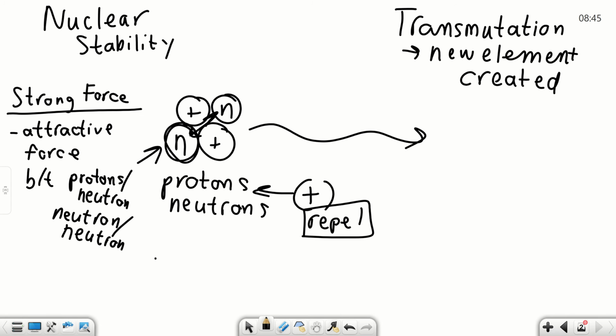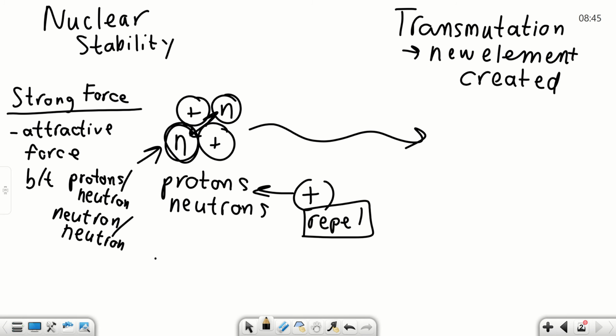It actually goes down to smaller particles called quarks, and I think leptons and things like that, which, based on their arrangement, are attracted to each other, and it just happens that they are arranged to form protons and neutrons as well. So we have a strong force holding the nucleus together.